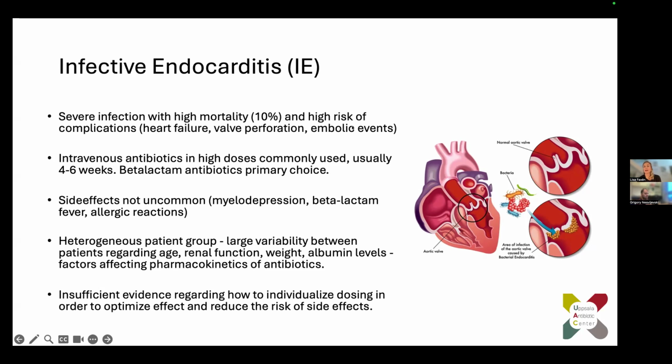We also often see embolic events, where fragments of the vegetation detach and follow the bloodstream to different organs and cause lesions in those, for example, the brain, the spleen, the kidneys, or the skeleton.